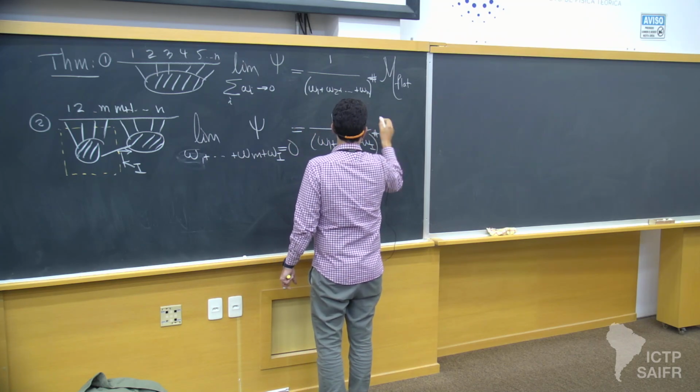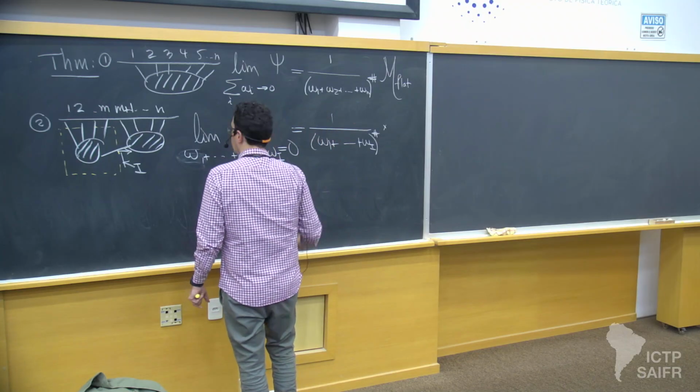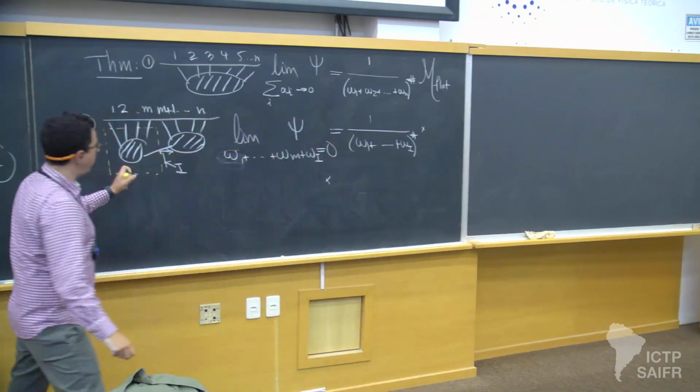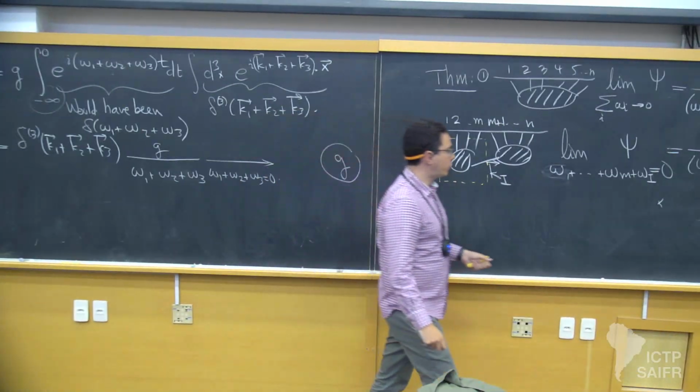And I get a bit of a Frankenstein multiplying it. The Frankenstein is the flat space amplitude for this process.